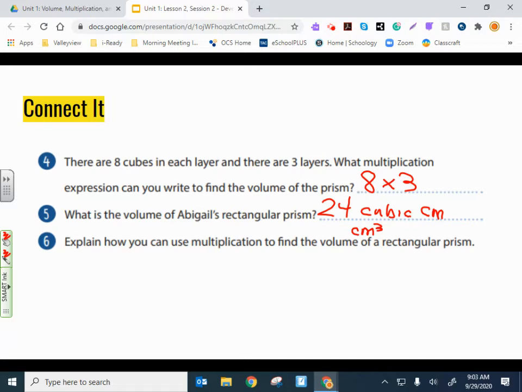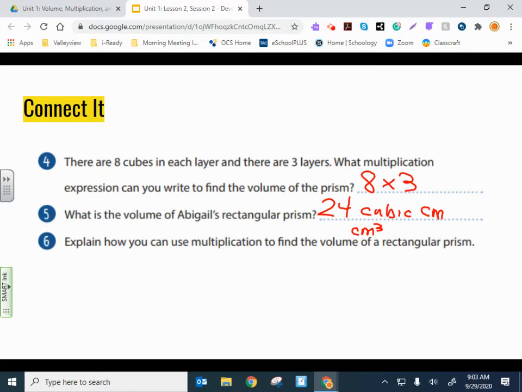Explain how I can use multiplication to find the volume of a rectangular prism. That's pretty simple. You can multiply each of the 3 different measurements, the length, the width, and the height, and get your answer. Or you can use multiplication to find the base layer of your rectangular prism, and then multiply that number by how many layers there are.